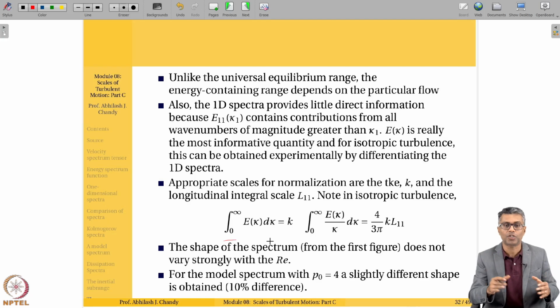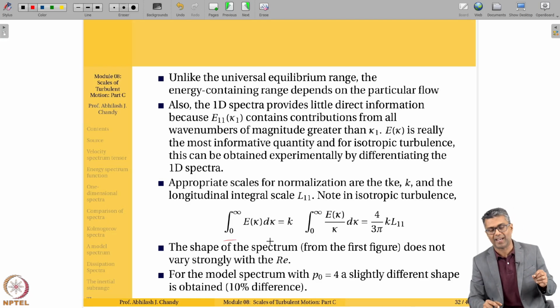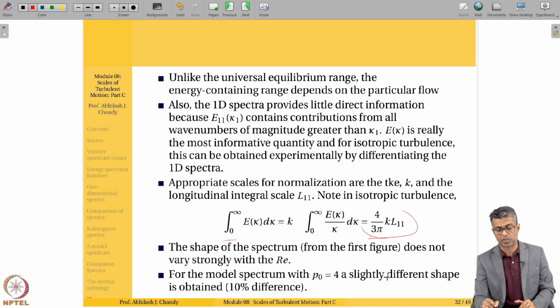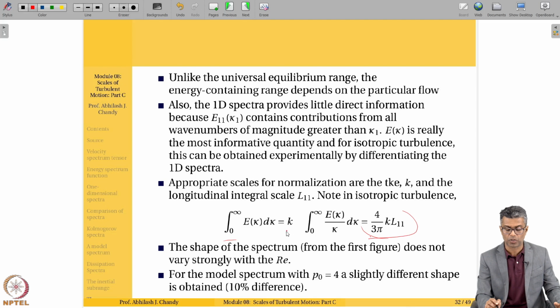The energy spectrum function, if you integrate over the entire thing, you get K. Now, the integral length scale is obtained by taking the integral from 0 to infinity of E of kappa over kappa d kappa, and that would be 4 over 3 pi K L11. So K you obtain by just integrating over the entire energy spectrum function, and L11 you obtain by integrating E of kappa divided by kappa.